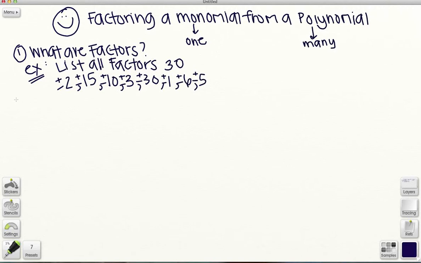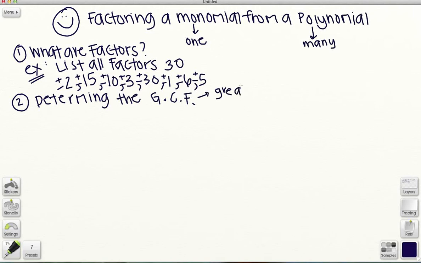So the next topic I want to talk about is determining what's called the greatest common factor. So we're not just looking at any factors, we're looking at the greatest common, which is like shared, factor.